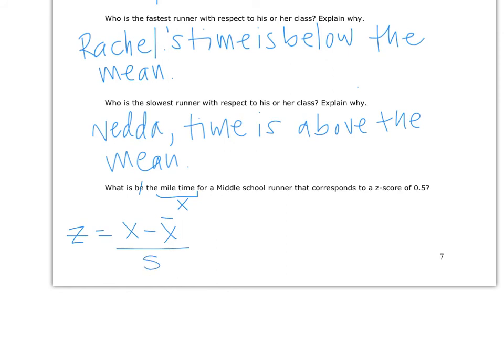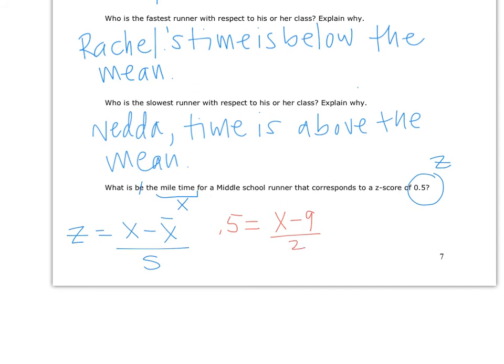Now instead of plugging in a value for x, what we're given is the z. So we'll replace z with 0.5, and what we don't know is x. We do know x bar for middle school is 9, and the standard deviation is 2.